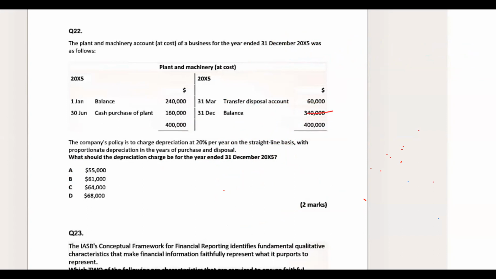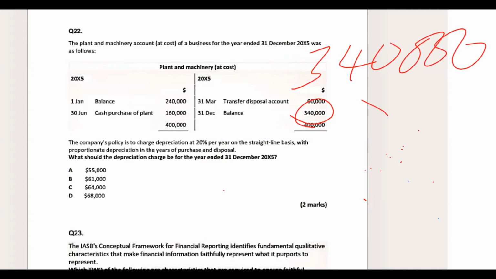For example, it was coincidental that when you multiply 340,000 by 20%, it gives us 68,000. You've seen that, right? Now, that is for the full year, from January up to December.